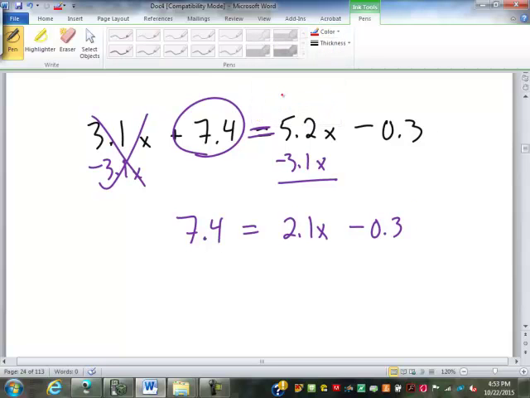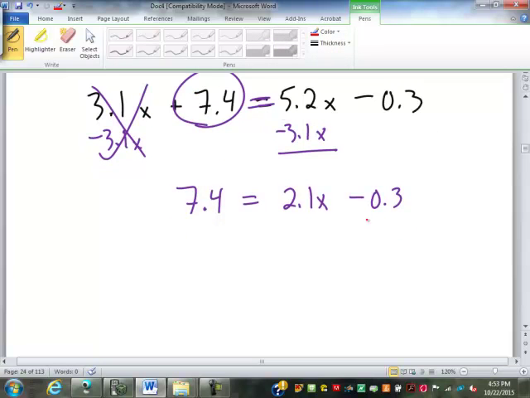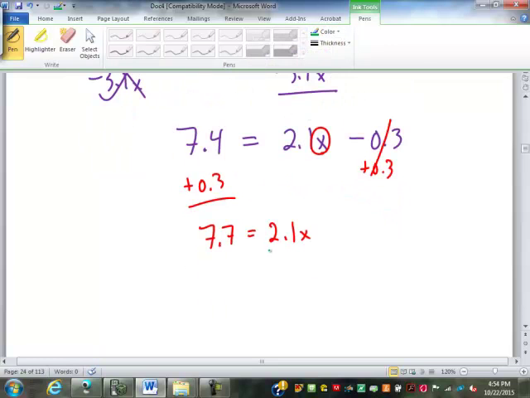Then what? We need to get rid of that x again, right? Well, we've got to get x by itself, so we have to add the 0.3. Perfect. So 7.7 equals 2.1x. Then divide by 2.1.